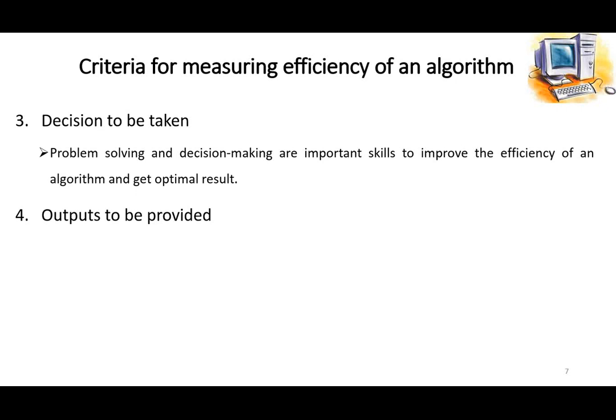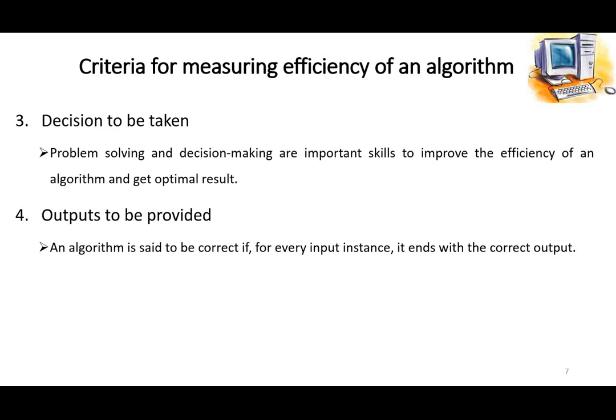And the fourth one, which is the last metric for efficiency of an algorithm, that is output to be provided. An algorithm is said to be correct if for every input instance it ends with the correct output, because we may provide different inputs each time when we execute the algorithm for solving any particular problem.